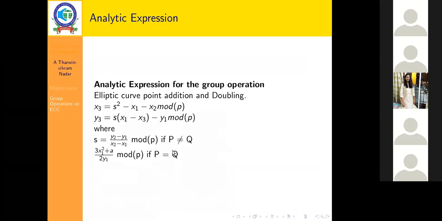This is the expression, if you want to find it in written form, we can use these formulas. So this is the idea of taking the tangent: we take y2 minus y1, and try to find the R point and so on. This is how we define the group operations on elliptic curves.